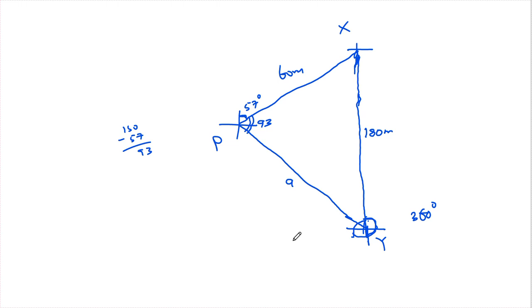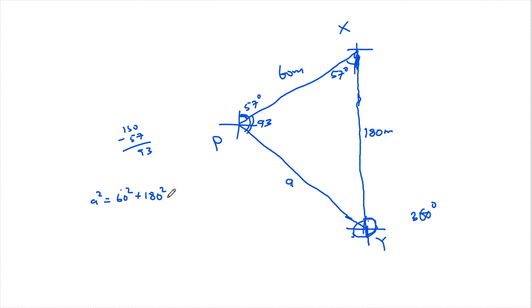From the north of Y to the line joining both of them, it is 360. So the answer is 360 degrees for the first one. Interesting, right? Then the other one says the distance between P and Y. The distance between P and Y is here. Let me call it A.